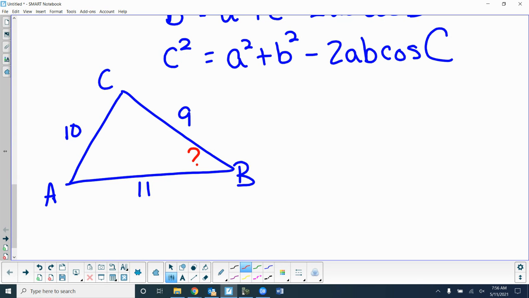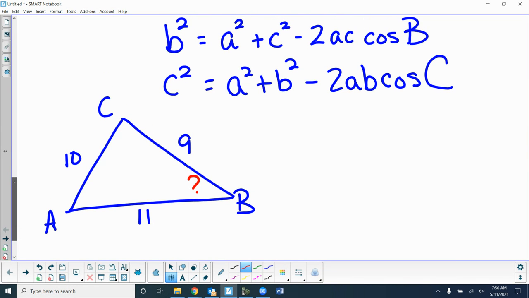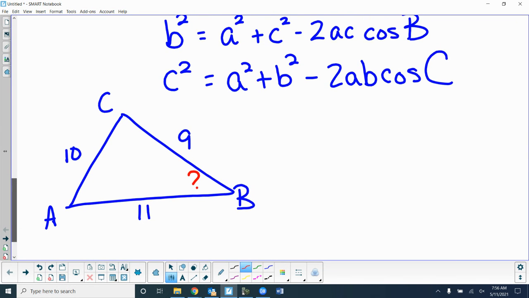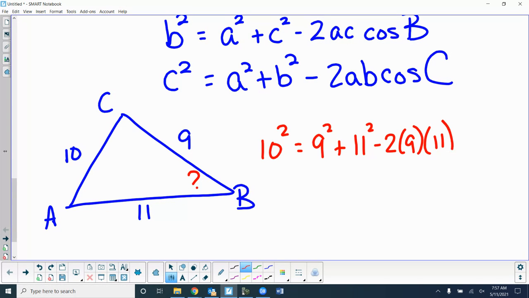Since we're looking for angle B, we're going to have to start with the B squared one, that middle one. Okay? So B squared is 10 squared. Number straight across from it equals A squared plus C squared minus 2 times A times C times cosine of B.